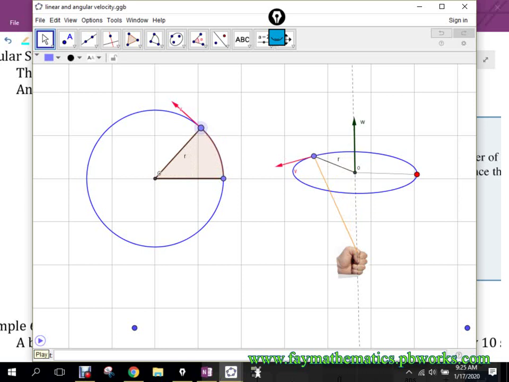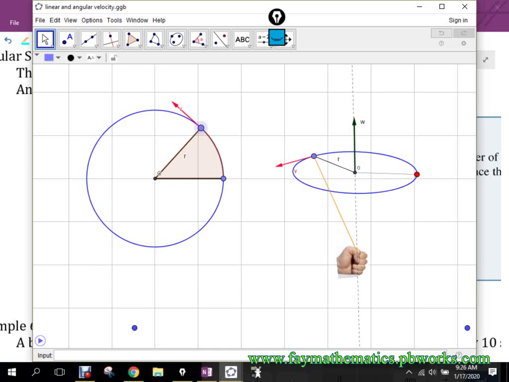Now, however long it took for that blue point, with the red tangent line there, to get to where it's at would be my time. Whatever that angle is now would be my theta. If I take my theta divided by the time, I can tell how fast that angle took to grow to what it is. Does that make sense?